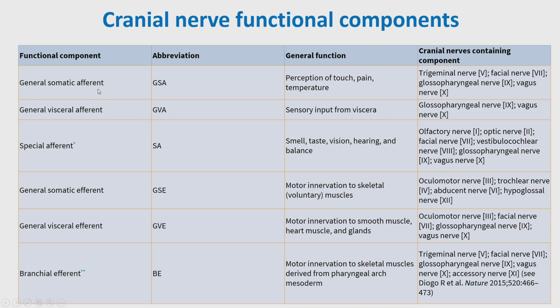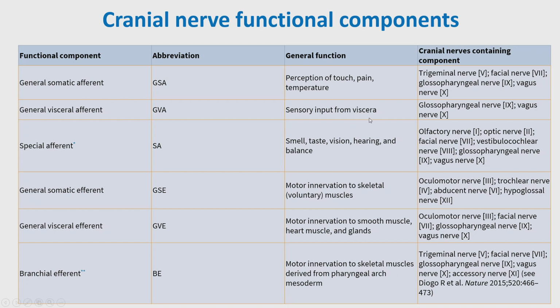Some cranial nerves have general somatic afferent fibers, abbreviated GSA. What is its function? Perception of touch, pain, and temperature. Then you have general visceral afferent, GVA, for sensory information from the viscera.